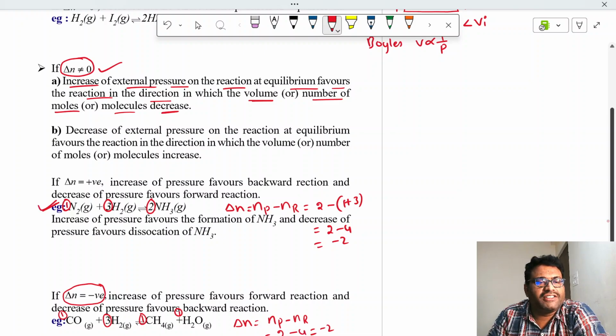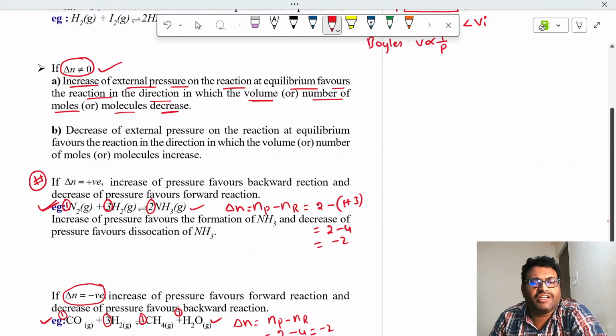So both these examples are for the case when delta N is negative. For this reaction delta N is negative, and for this reaction also delta N is negative.